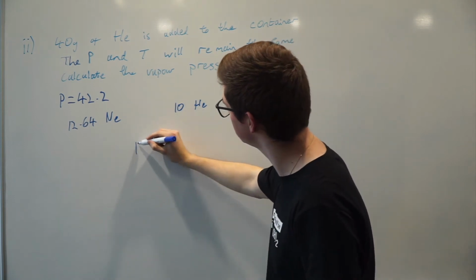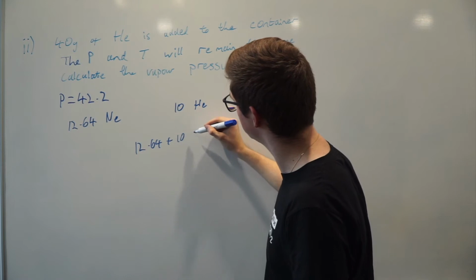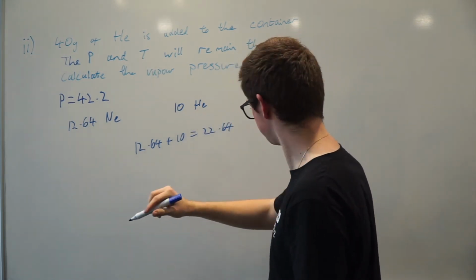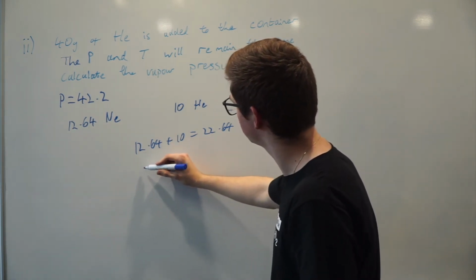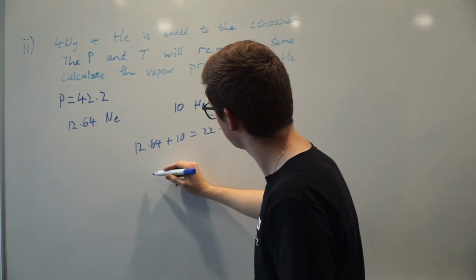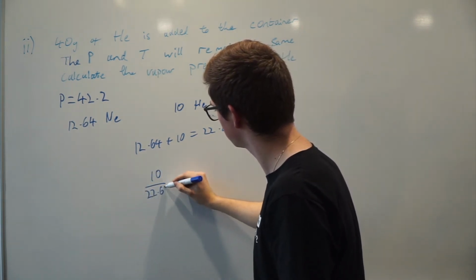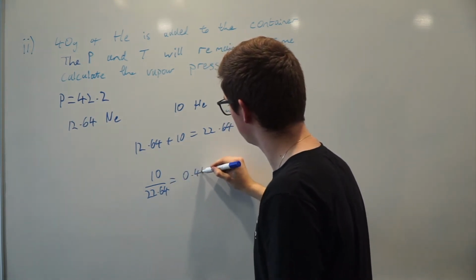Now if you add those two together to get the total number of moles in the system, you get 22.64. With that, you find the mole fraction of each gas. You do 10 divided by 22.64, which should be around 0.44.